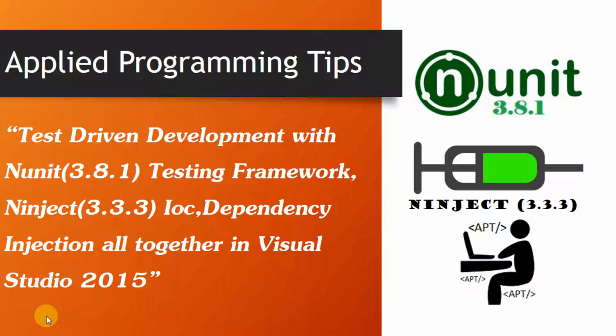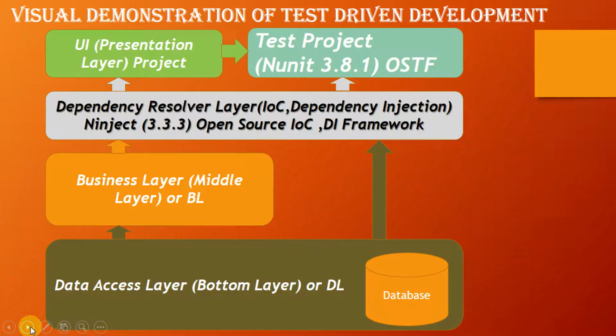So let me move to the second slide, and here you can see a visual demonstration of test driven development. Most of the time we are working in n layer architecture, like data access layer, business layer, and UI layer. In the data access layer, most of the time there may be a repository, there may be a unit of work.